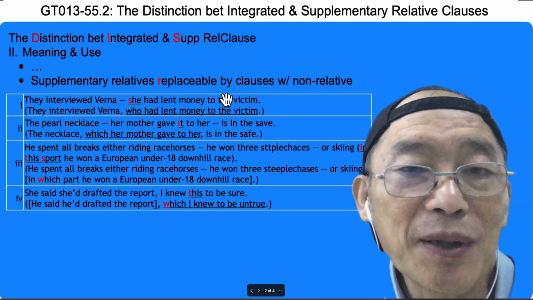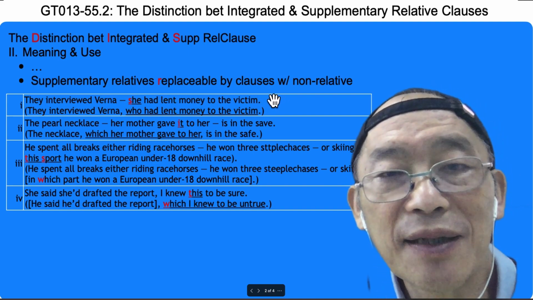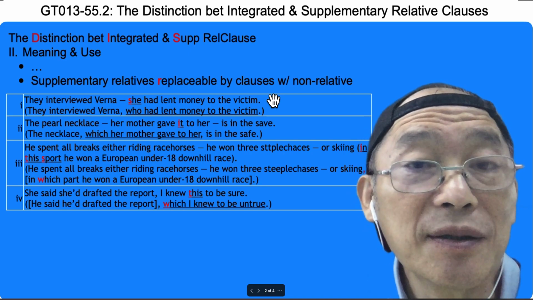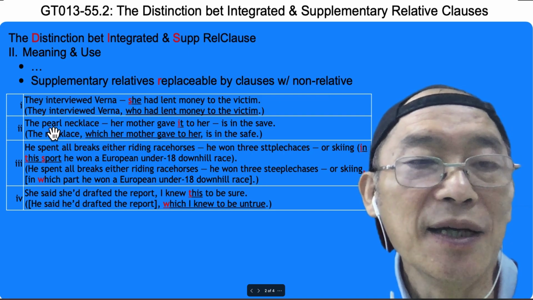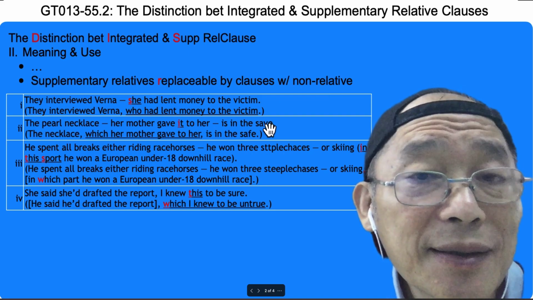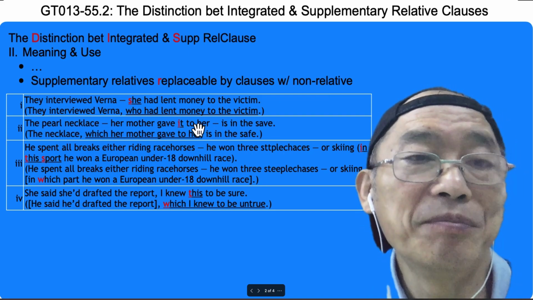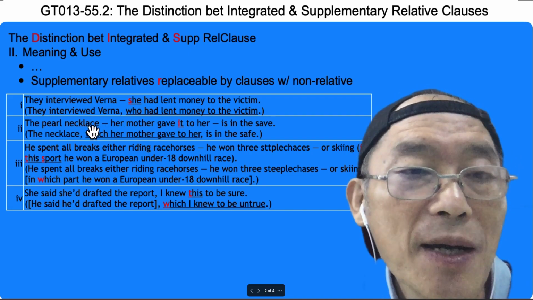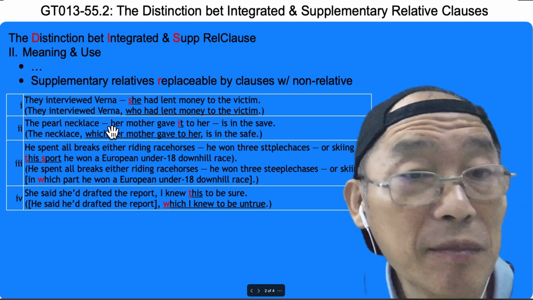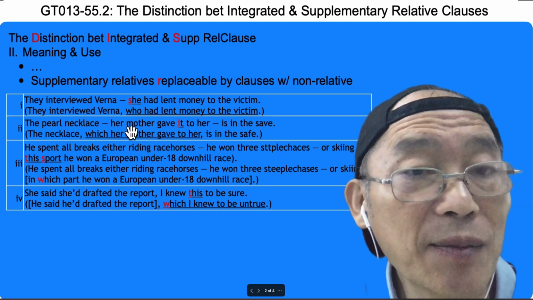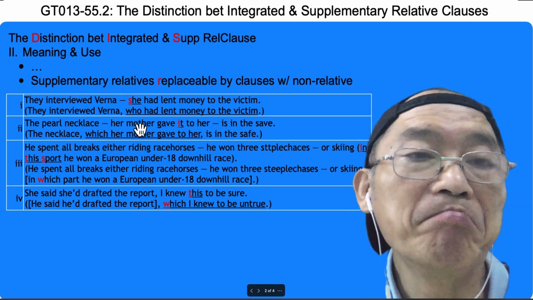Supplementary relatives are replaceable by other kinds of clause. Let's check, non-relative clause. Inside the parenthesis is the original. They interviewed Werner, who had lent money to the victim. Proper name, you must use supplementary and WH.